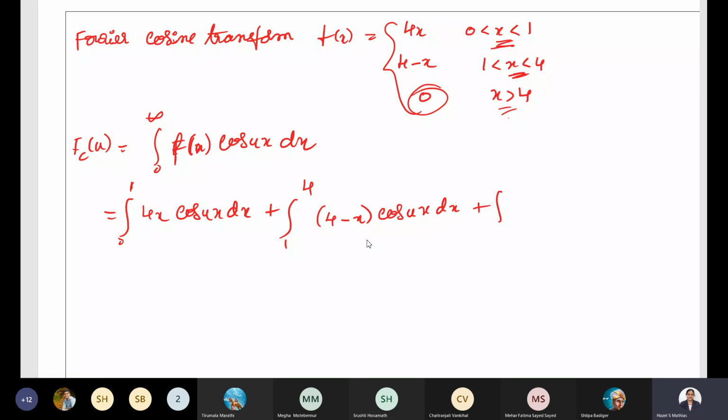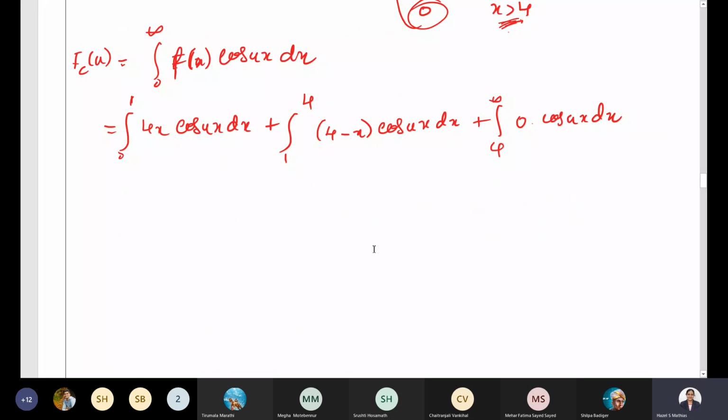Then when x lies between 4 to infinity, for all values of x greater than 4, f of x is 0, cos ux dx. So this is how I have split 0 to infinity into 3 parts: 0 to 1, 1 to 4 and 4 to infinity. However, this term is going to be 0 over here.